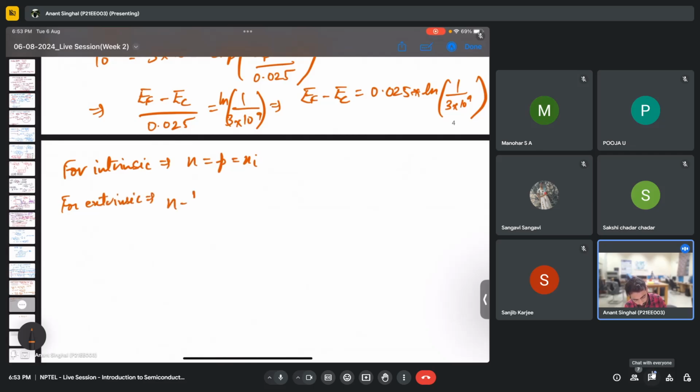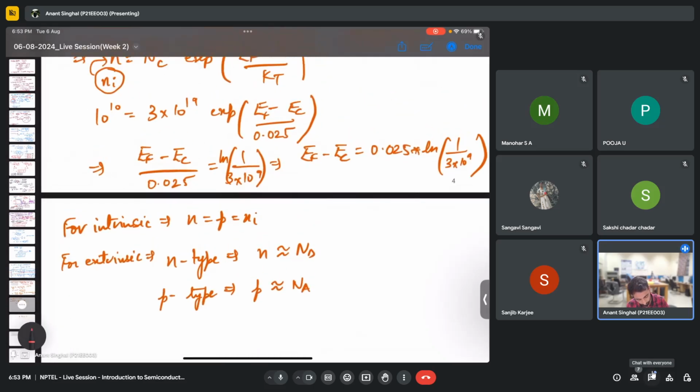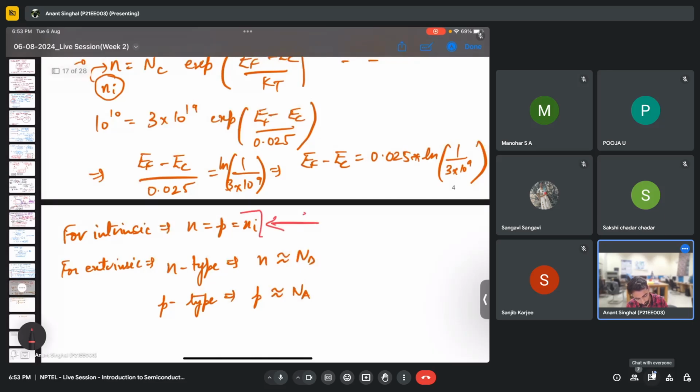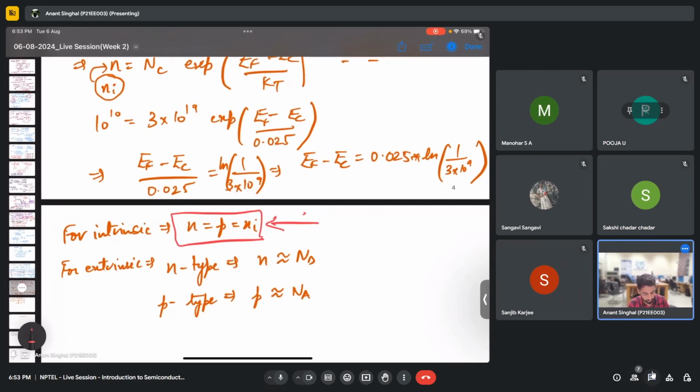For N type semiconductor, we have majority electrons, so N will be approximately equal to the doping concentration that we have. And for P type, P will be equal to the acceptor concentration. So for the previous question, the case was an intrinsic semiconductor, so I've taken N is equal to P is equal to Ni. Do you understand?